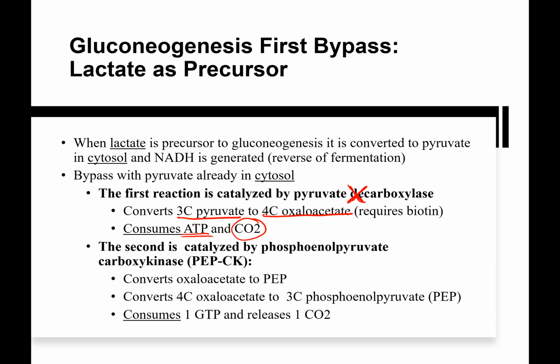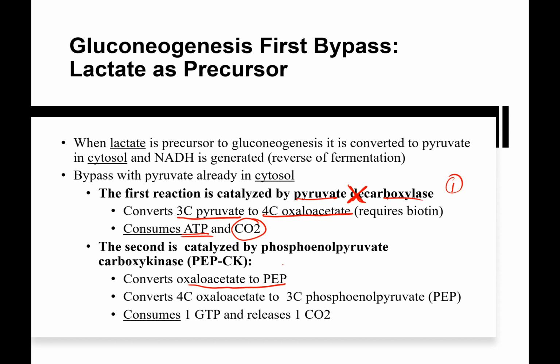Then after we have oxaloacetate, there is a second enzyme that comes in. This is enzyme 1, right? And then the second reaction converts oxaloacetate to PEP. And this is, in fact, a decarboxylation.